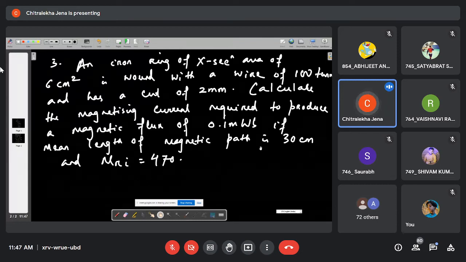You have to find the magnetizing current here. In the previous problem, you found the MMF. Here you will find the magnetizing current.